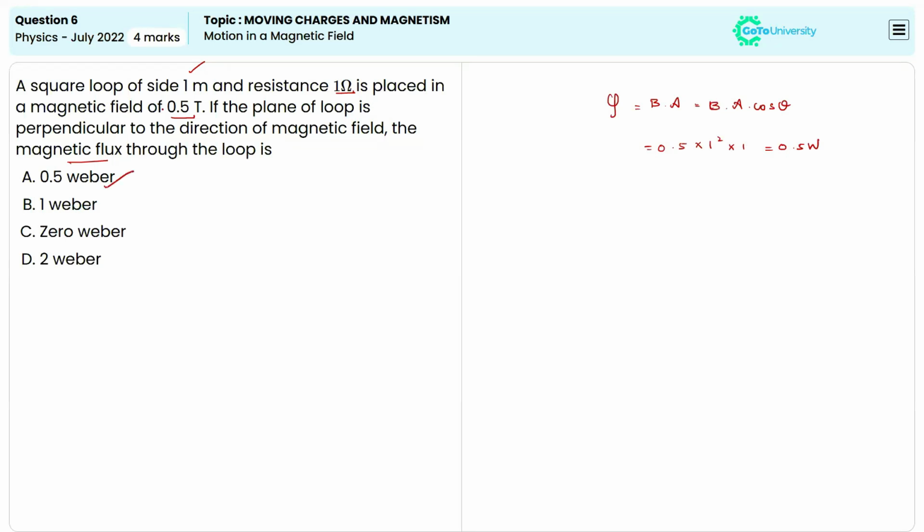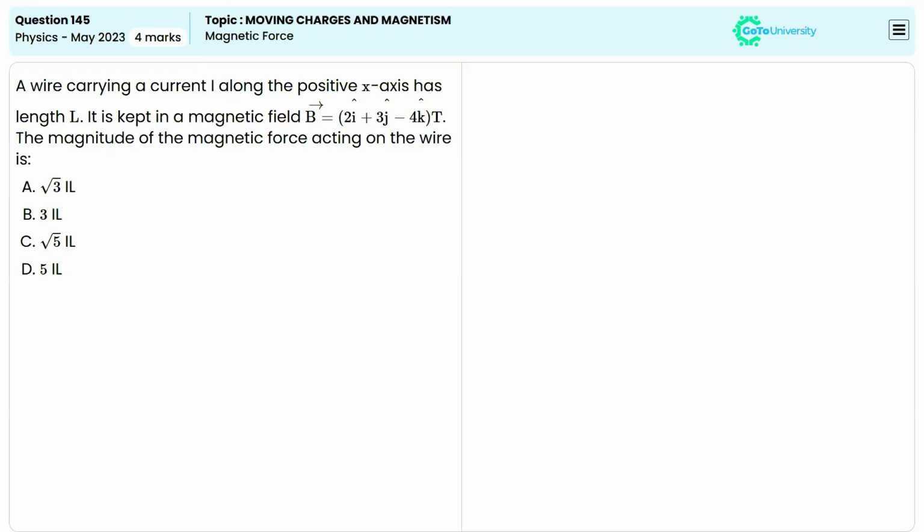I'm moving to the next question. Try to solve this question. Tell me the formula which we have to use here.